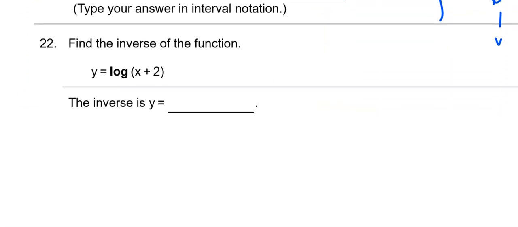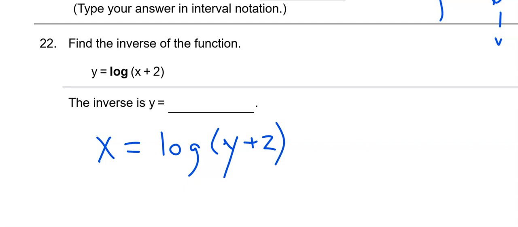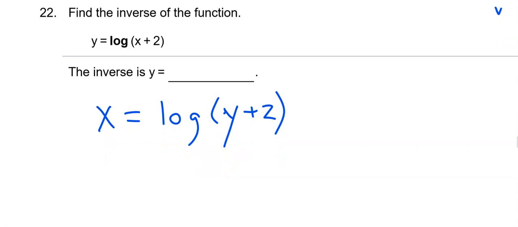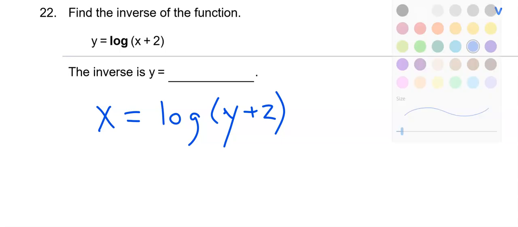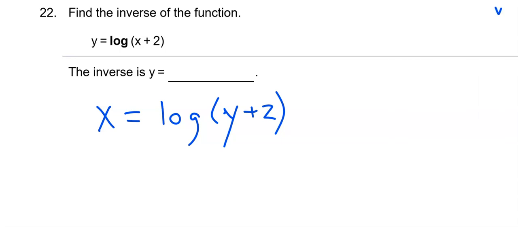Question 22. Find the inverse of this function. Okay, so remember the process is switch x and y. Oh, it'd be nice if I listened to my own instructions. Now we need to go through the process of solving for y. We haven't done a lot with this, but all we're doing is changing it to its other form.